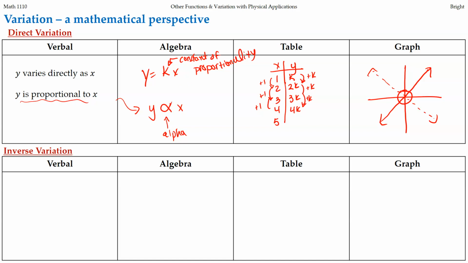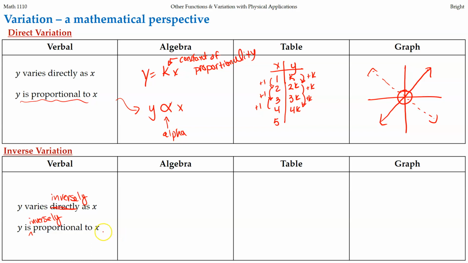For inverse variation, the language is a little different. We would say that y varies, and this should be not directly but inversely. We would see "y varies inversely as x," and I forgot, this is a typo, it should also say "y is inversely proportional to x."